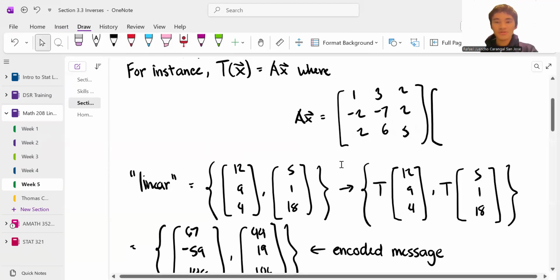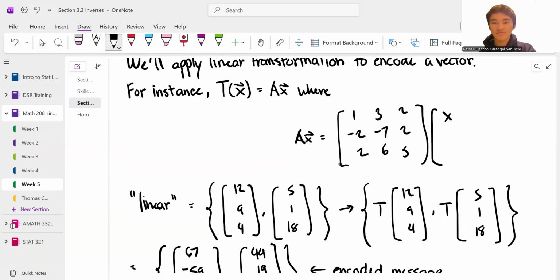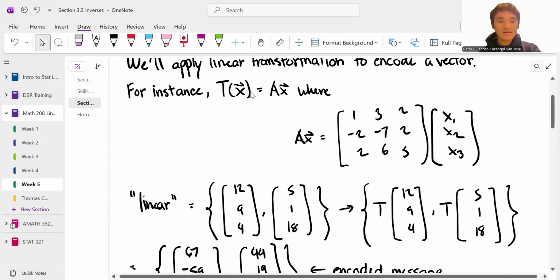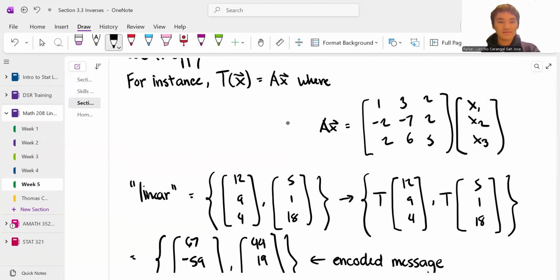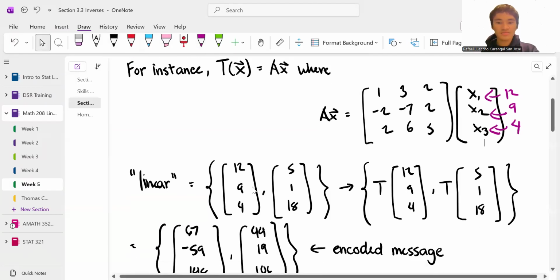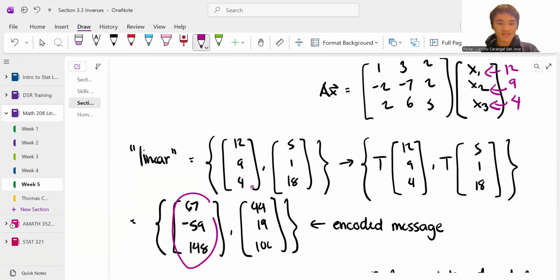Okay, and so we're multiplying a matrix by some vector with three components. I'm going to say they're x sub 1 to 3. This is the same thing as saying, if we try plugging in 12, 9, and 4 here, we transform them and we're going to get this one.